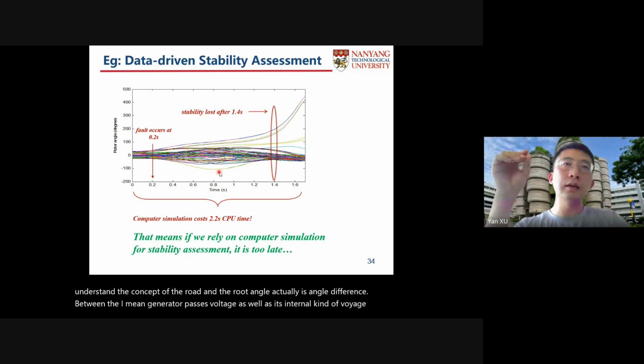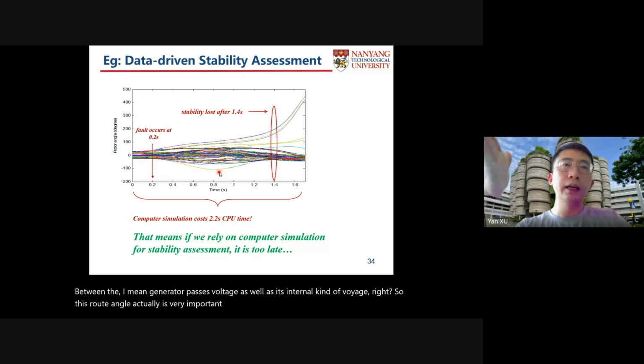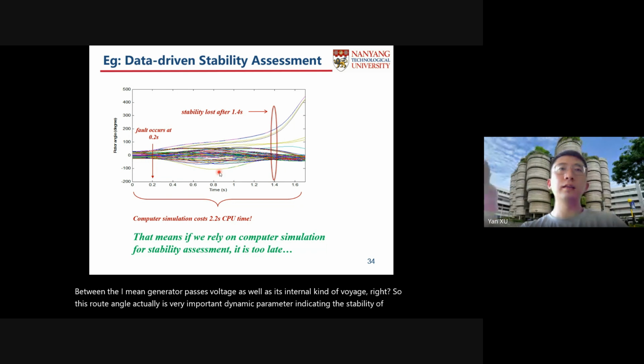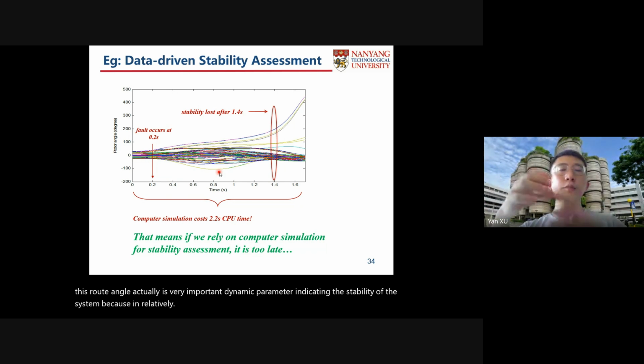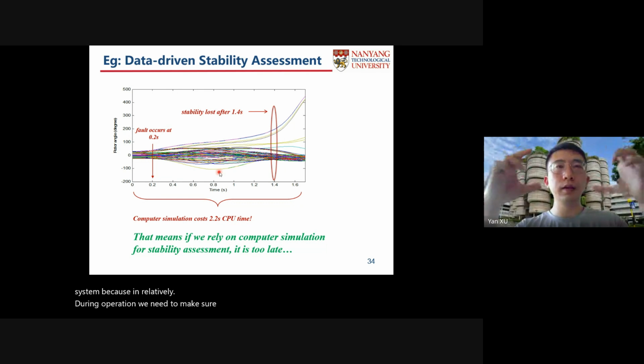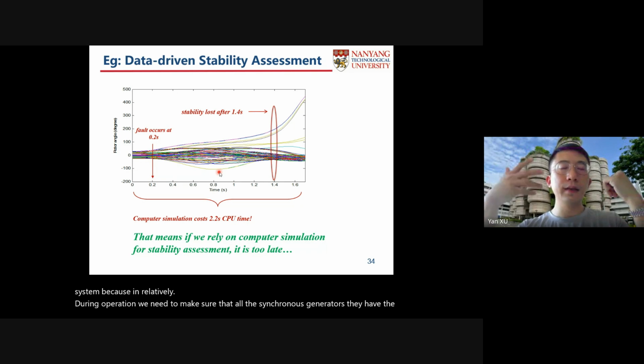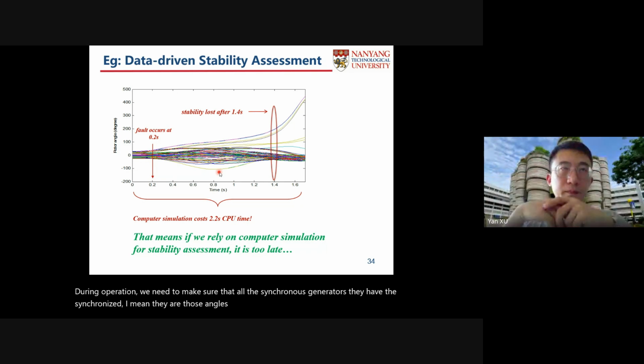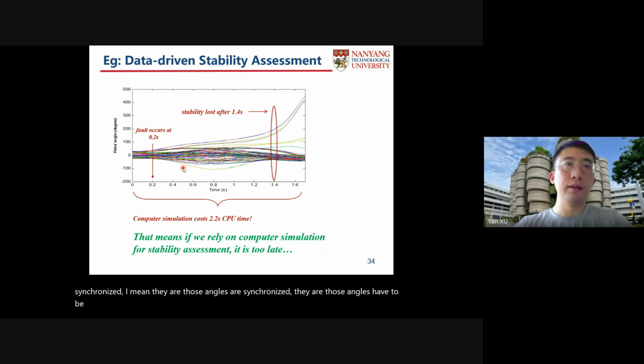This rotor angle is a very important dynamic parameter, indicating the stability of the system. Because in reality, during operation, we need to make sure that all the synchronous generators have their rotor angles synchronized. Their rotor angles have to be synchronized during the operation.